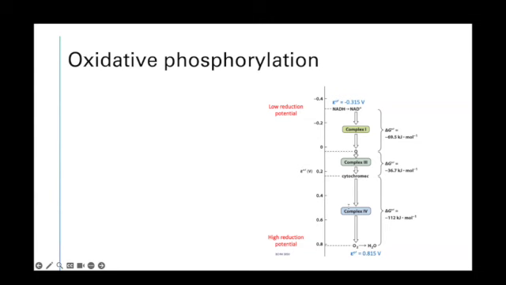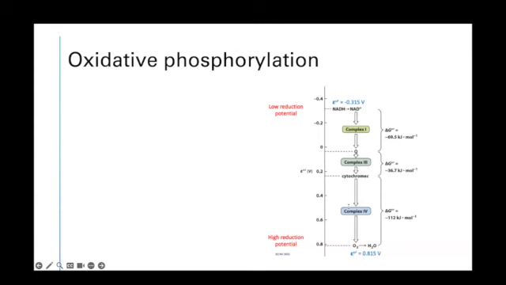Movement of electrons through the electron transport chain generates energy that will be used to fuel the proton pump, and it generates a proton gradient. And the proton pump energy is then used to synthesize ATP from ADP and phosphate, and it converts energy from the proton gradient that is then going to be stored in form of a chemical bond.